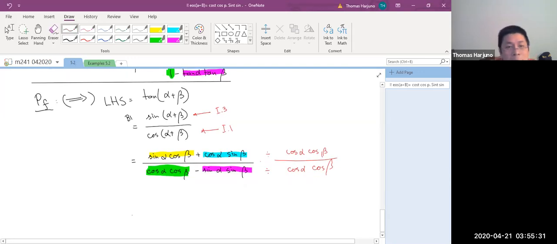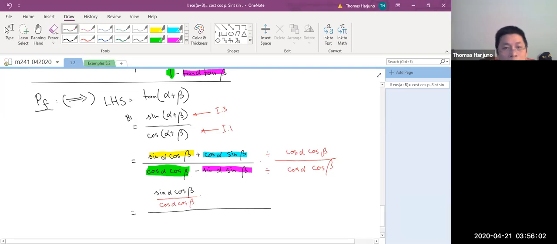Now, what I'm about to write here is quite long, because I want to show you the detail. On the top left, sine alpha cosine beta, I will divide by cosine alpha cosine beta.